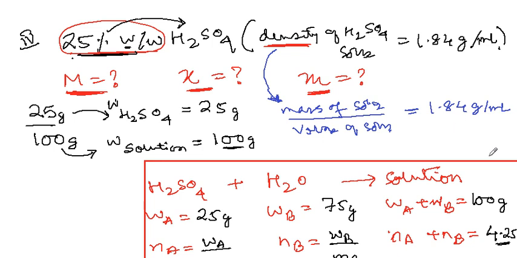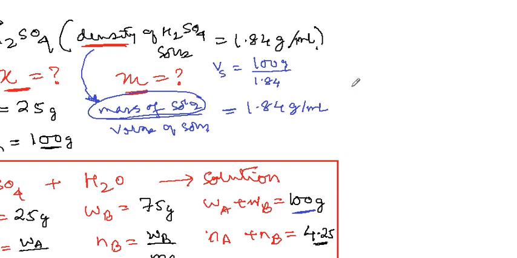The total mass of the solution is 100 gram, which means the volume of solution would be equal to 100 gram divided by 1.84 gram per milliliter. So if gram gets cancelled out, we'll get the volume in terms of milliliter.